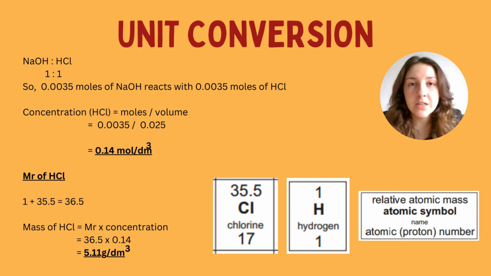Hydrogen has a relative atomic mass of 1, and chlorine has a relative atomic mass of 35.5. You add them together, and we get a relative formula mass because it's a formula, so the Mr is 36.5. We're going to times this by the number of moles we've just calculated, and that should give us our answer in grams per decimeters cubed.